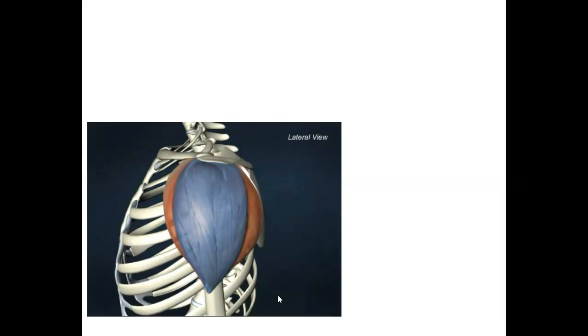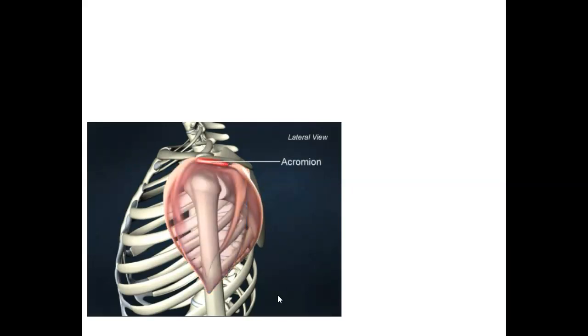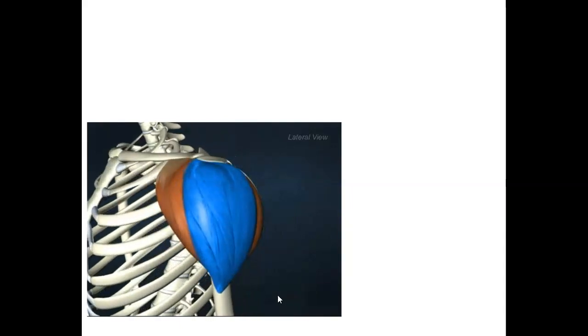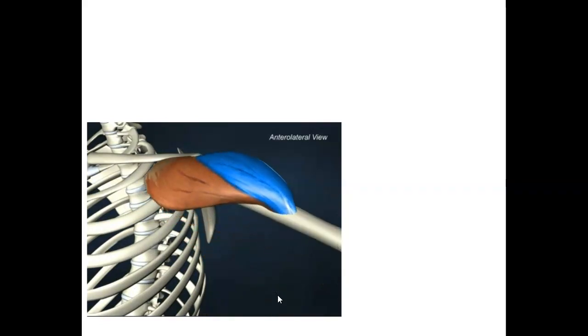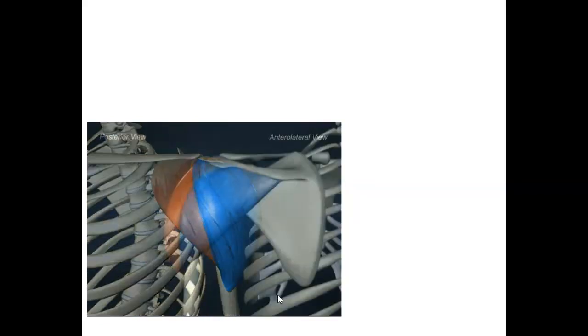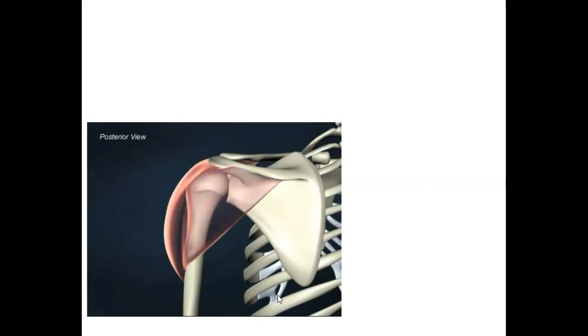The origin of the middle fibers is from the acromion of the scapula. The insertion is to the deltoid tuberosity of the humerus. The middle fibers abduct the arm. They are innervated by the axillary nerve. The origin of the posterior fibers is from the inferior border of the spine of the scapula.